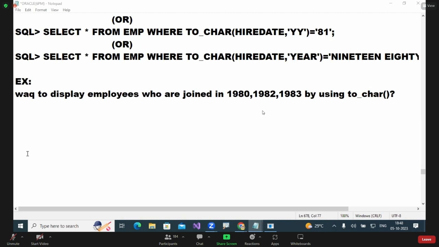AND or OR, which one gives different rows? Okay? Okay, good.